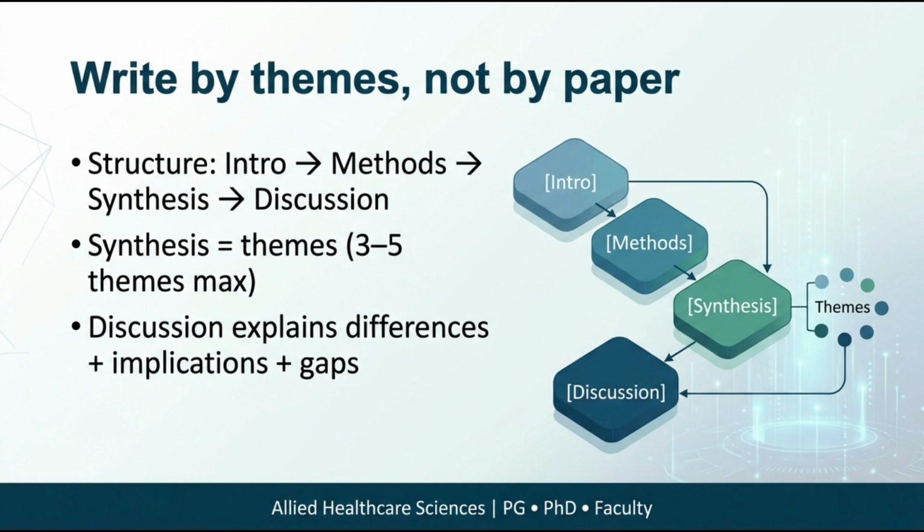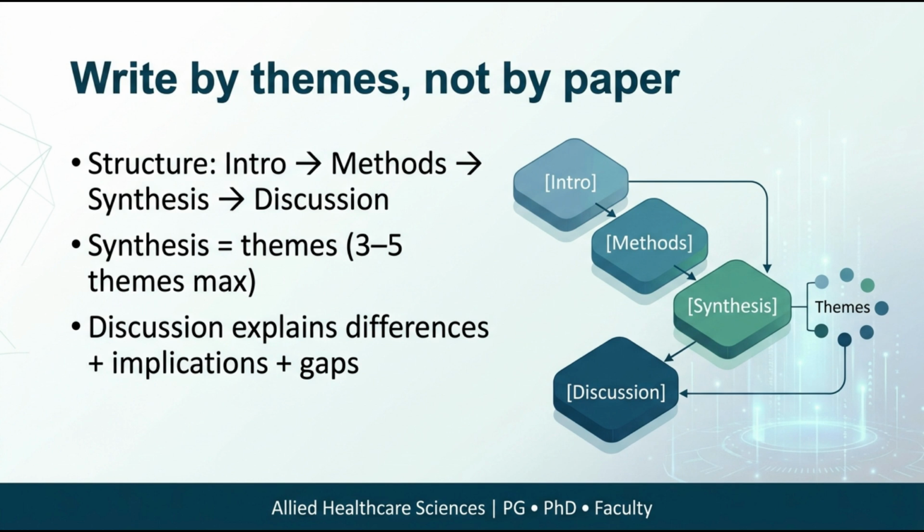For example, in a prevalence topic, Theme 1 is overall prevalence patterns. Theme 2 is genotype distribution. Theme 3 is geographic and methodological variation. In a lab topic, Theme 1 is metabolite study.